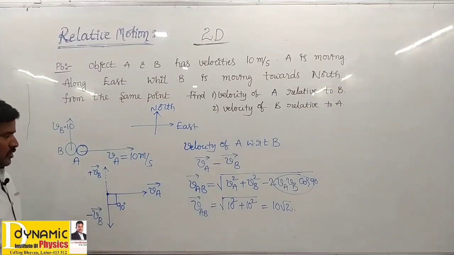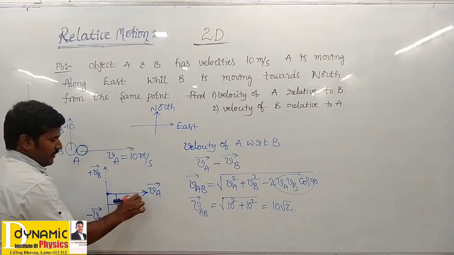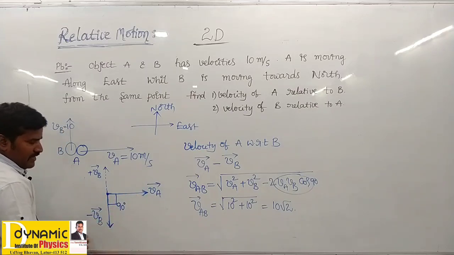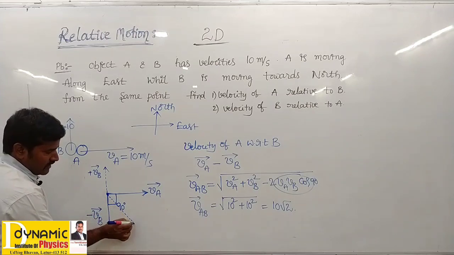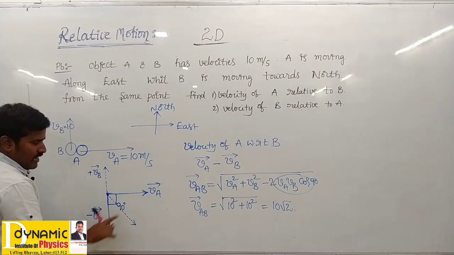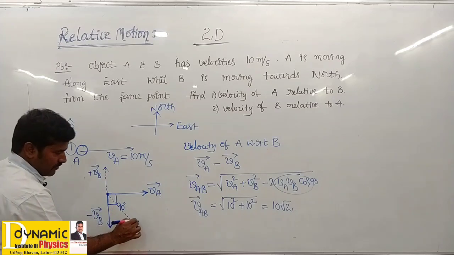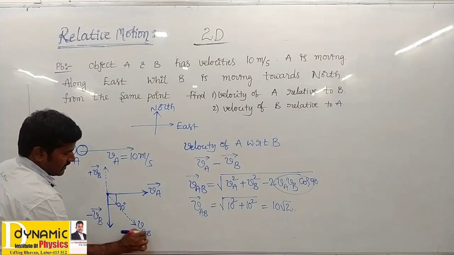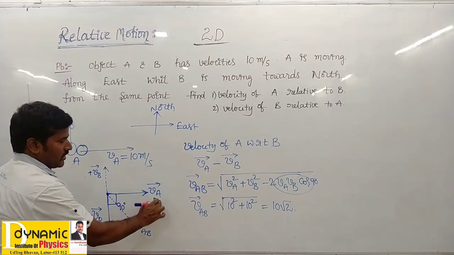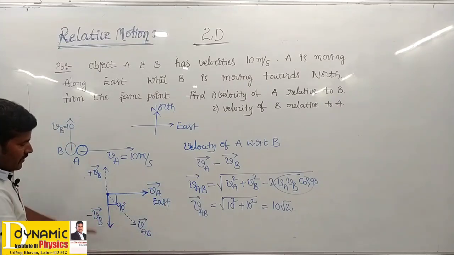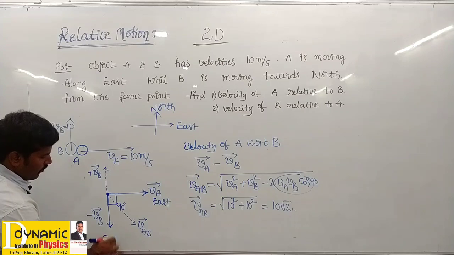What is the direction? One vector is VAB, another vector is minus VB. Then what is the direction of the resultant of these two? One is positive, another one is negative. The resultant becomes VAB, this is the resultant direction. But this is east direction and this is north, the lower direction is south.